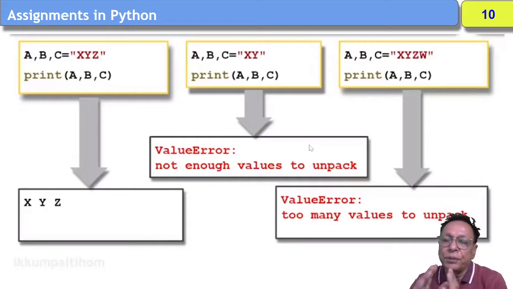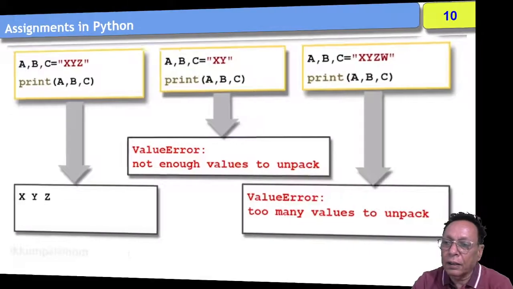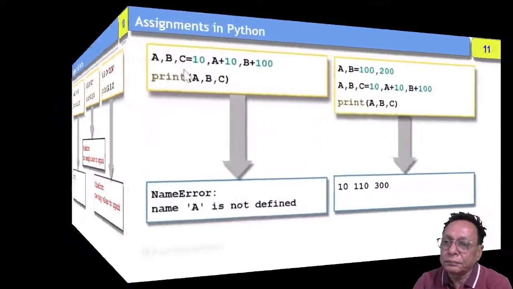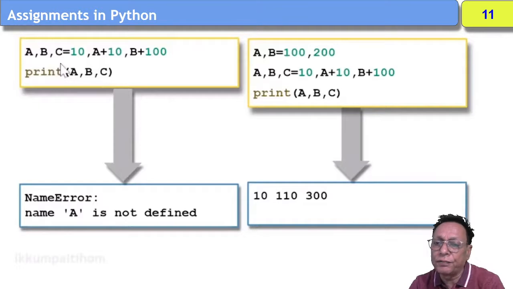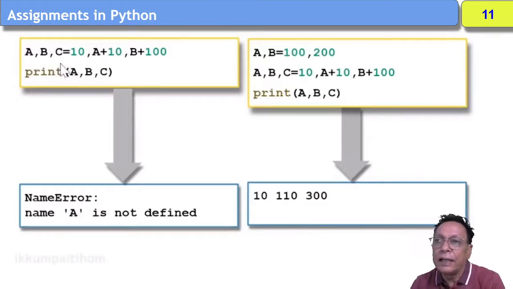One thing you should remember is that the number of values or literals on the right side of the assignment operator should be the same as the number of identifiers on the left hand side, the L values. Similarly, when we move ahead, if we have such a situation, you'll see an error.